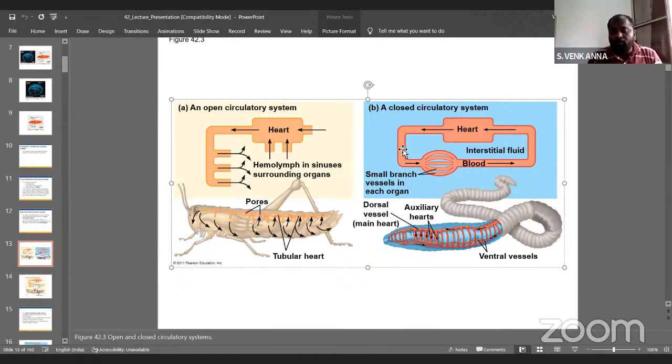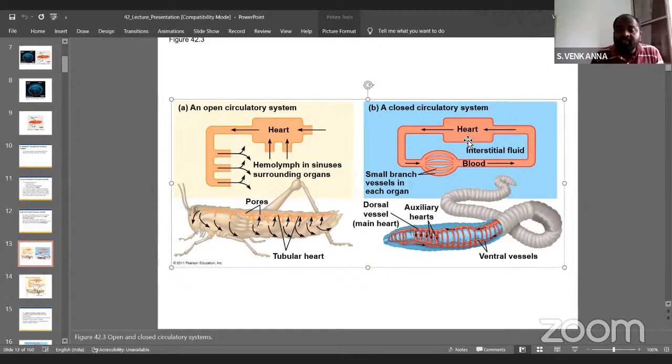It is a closed loop system, unlike the open system in which the blood moves freely in a cavity. In a closed circulation system, blood is contained inside blood vessels, circulating unidirectionally.